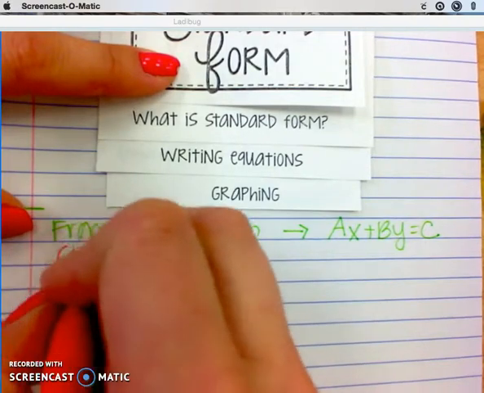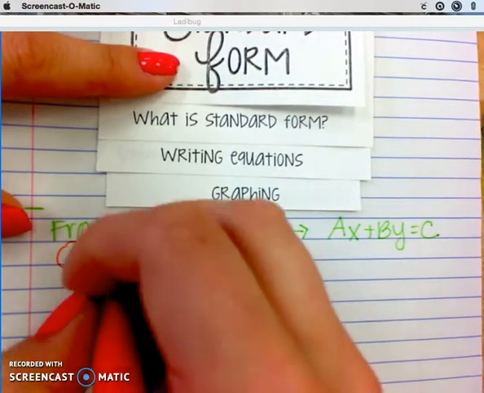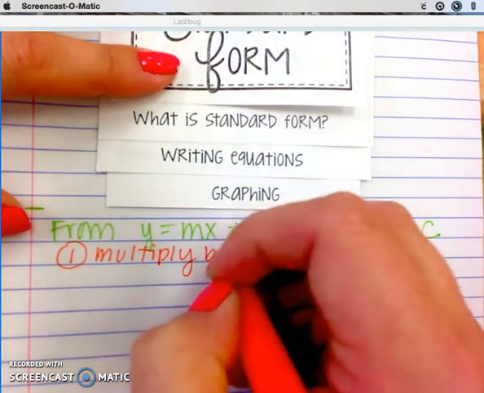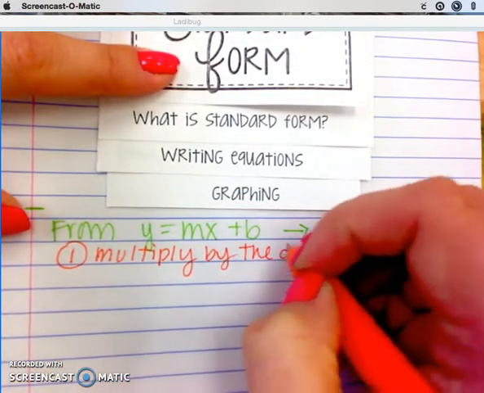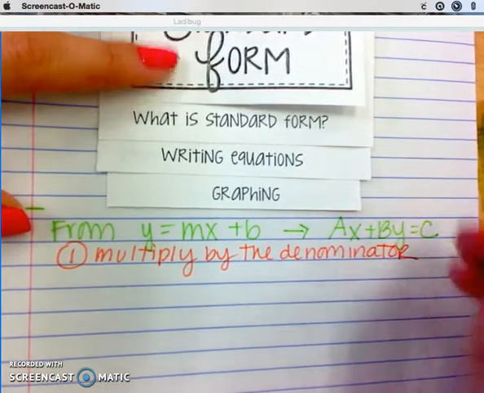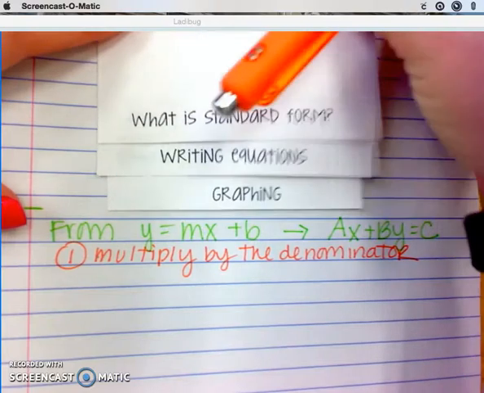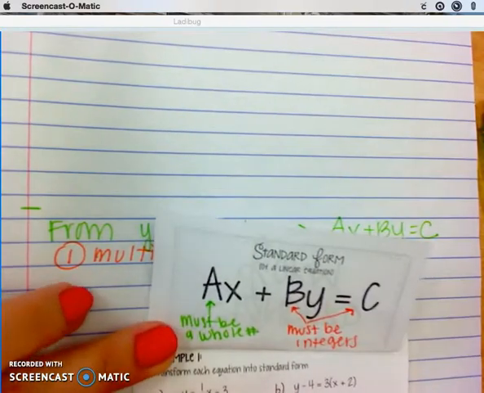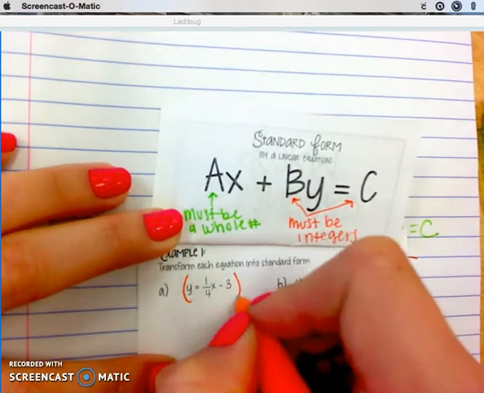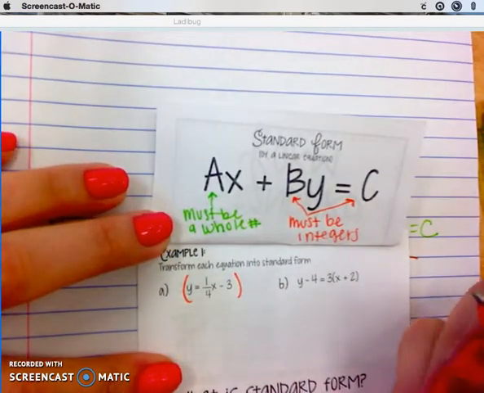If there is a fraction, we're going to multiply by the denominator. And let's start there. So my denominator is 4. I'm multiplying the whole thing by 4.